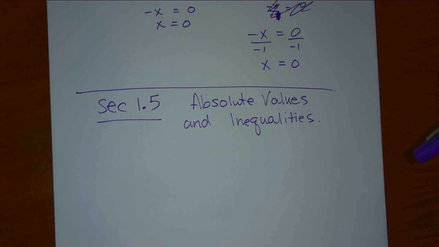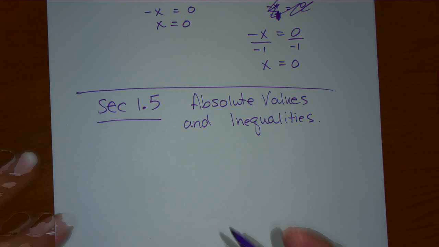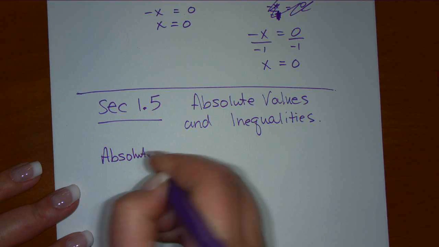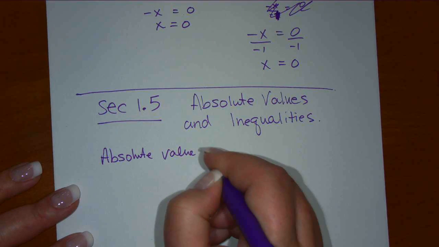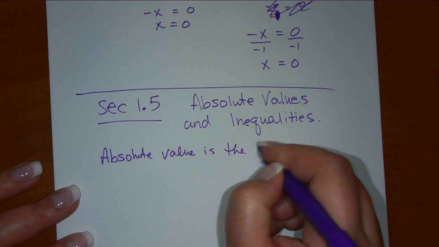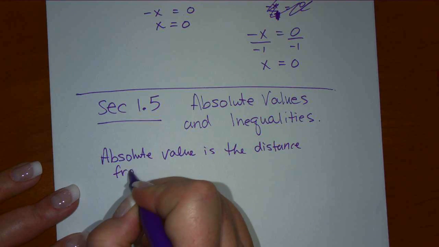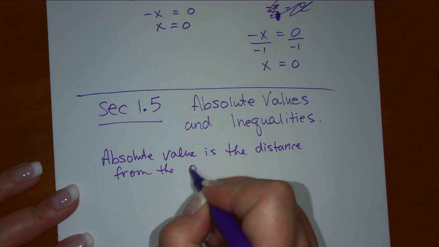So we've got two different ways of saying it. What he said is that it's the distance from 0, and you said whatever the number is, make it positive. They're both okay. The absolute value is the distance from the origin.